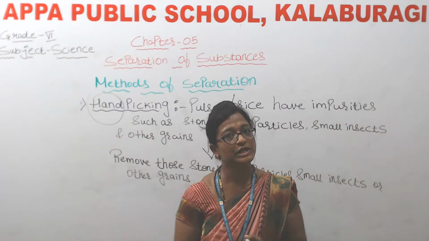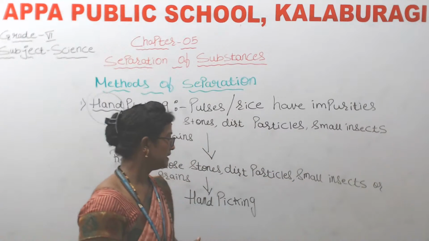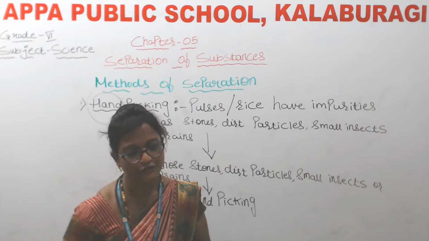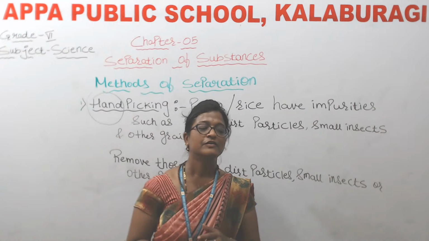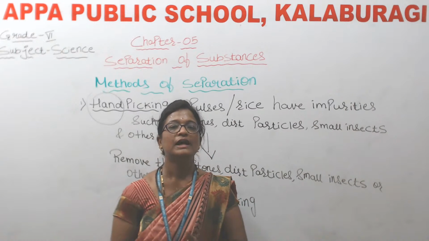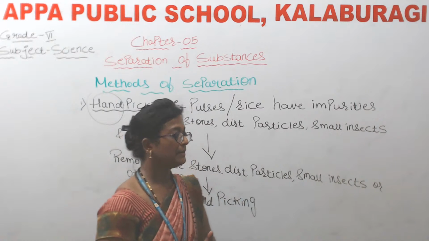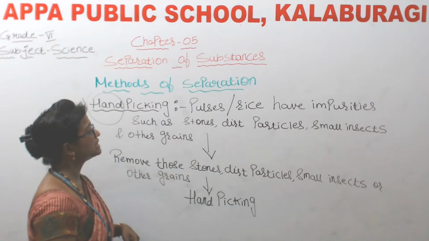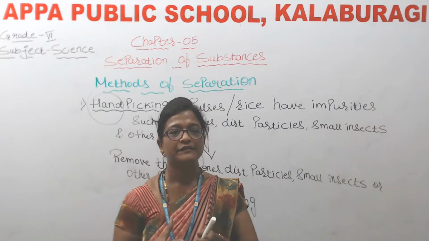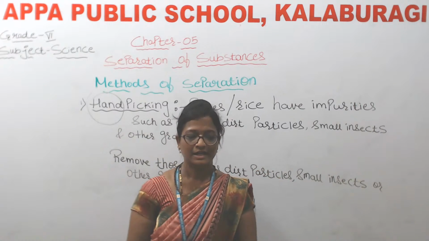How do we remove? Yes, by hand picking. Hand picking means removing those impurities by using our hand. Once again I'll repeat, children, the impurities which are present in the pulses or rice can be removed by using our hands.